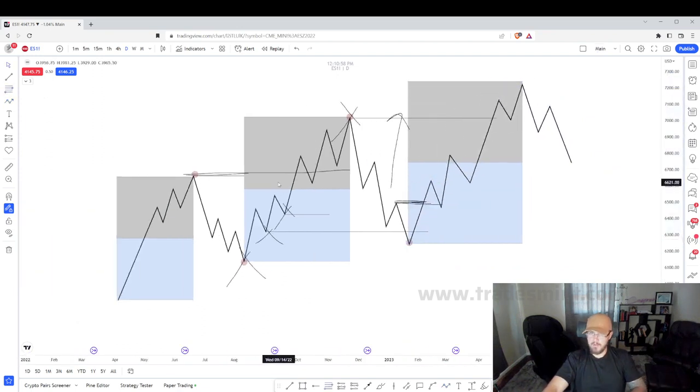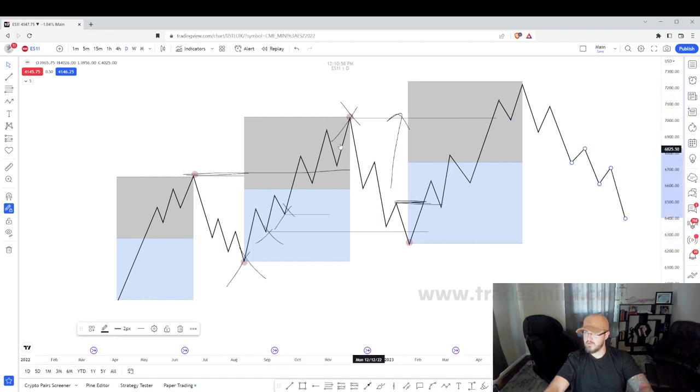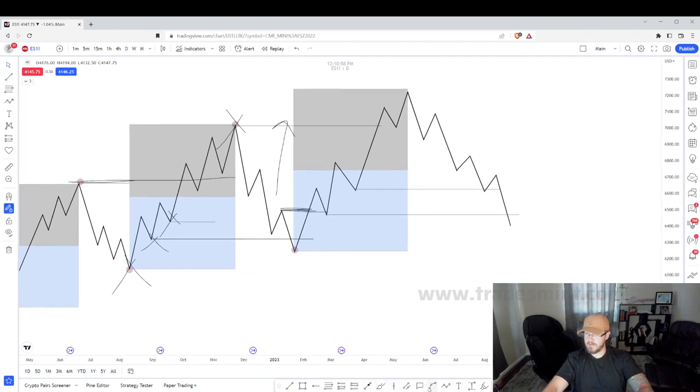So from internal liquidity, here, took out something over here, push up, we went to external liquidity, price came back down to a fair market value, but of course it always goes to a discount or premium. But we look for it to come past this level into internal liquidity, into external liquidity. Again, back to fair market value. Back to internal liquidity. And then you wait for that shift.